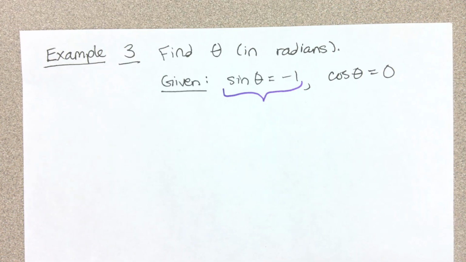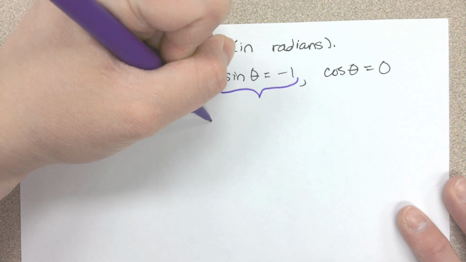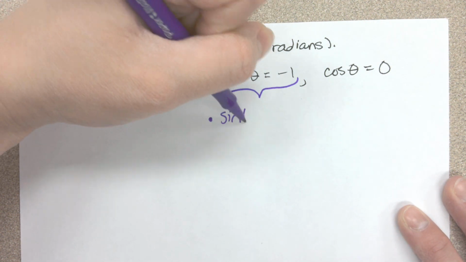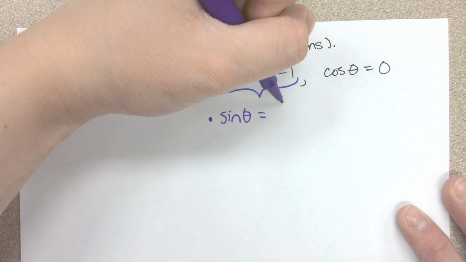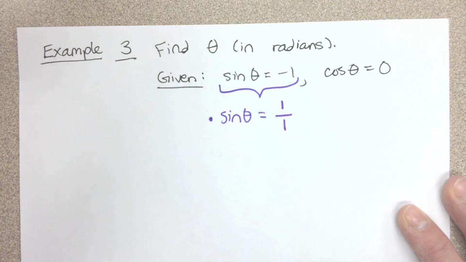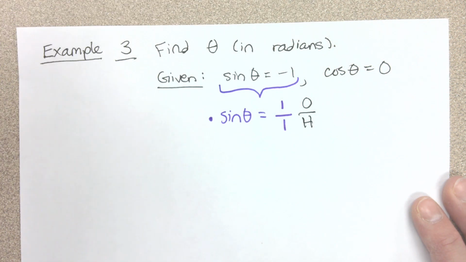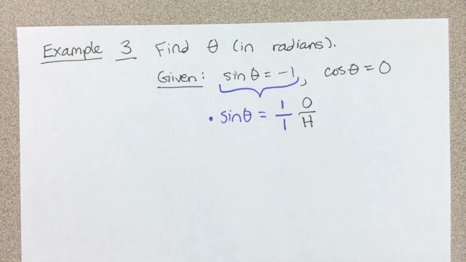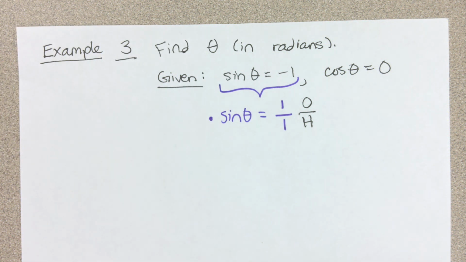So let's start with the sine. Let's rewrite this as a fraction. Sine of theta equals, we'll take care of the negative in just a moment, 1 over 1, which we know is O over H. One of these numbers will take the negative, and it's important we identify the correct one because that changes how we draw this.